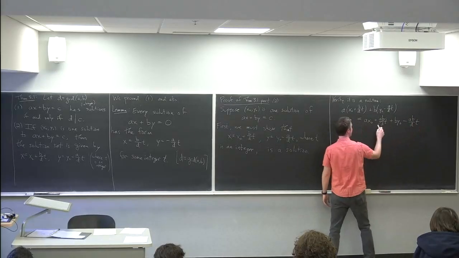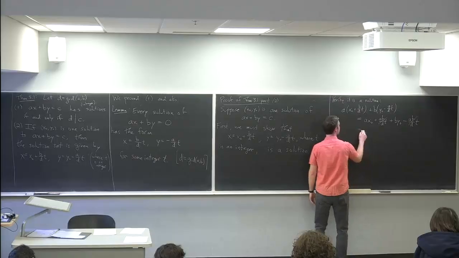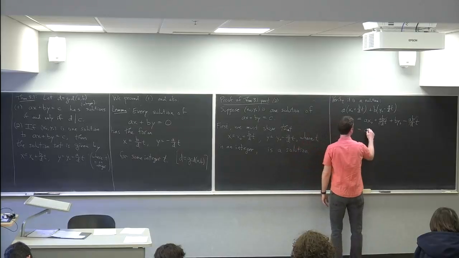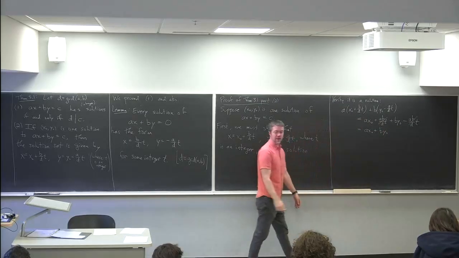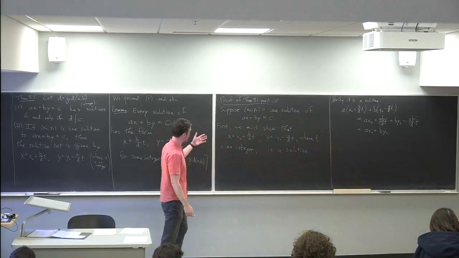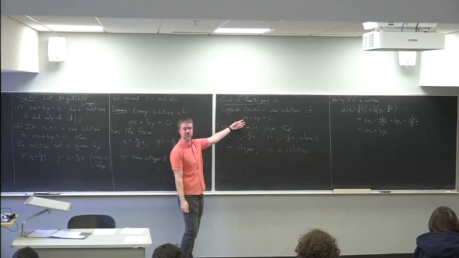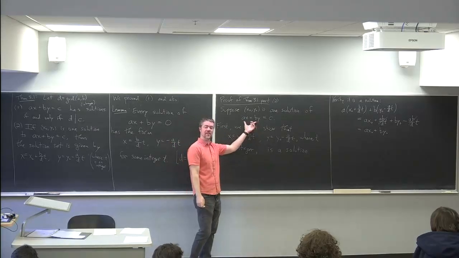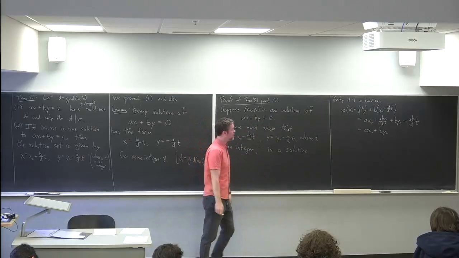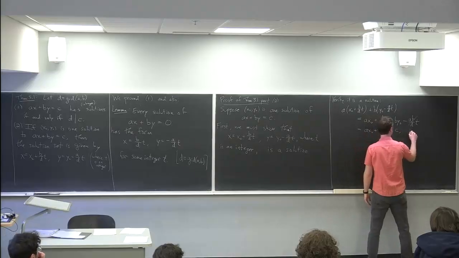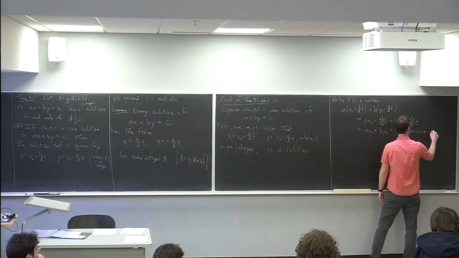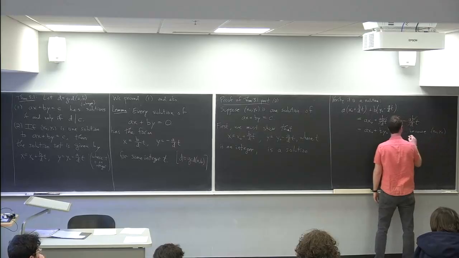And so these would cancel, and you're left with ax naught plus by naught. The pair x naught, y naught was assumed to be a solution of this equation, which means when it gets plugged into the left-hand side, it does equal c. So this thing does equal c precisely because x naught, y naught is a known solution.